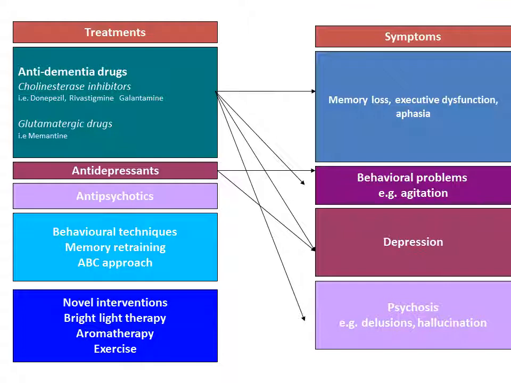Novel interventions may also be used, like bright light therapy, aromatherapy, and exercise. All these treatments are used to address the Alzheimer's symptoms, including the memory affection, the behavioral problems, the depression, and the psychosis.